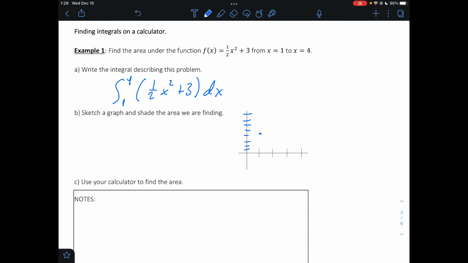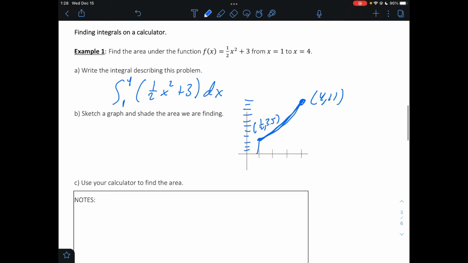And if we put 4 in, we would get 1/2 of 16, which is 8, plus 3, which is 11, somewhere about there. It's just going to be a parabola that looks something like that. This is going to be 4 comma 11 and 1 comma 3.5.